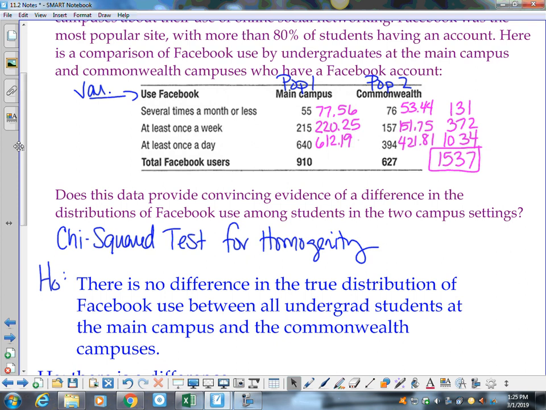Okay, once you're there, what's next? L1, L2?